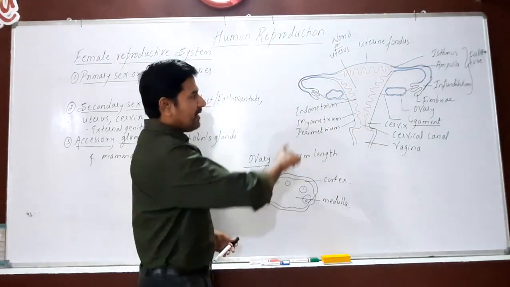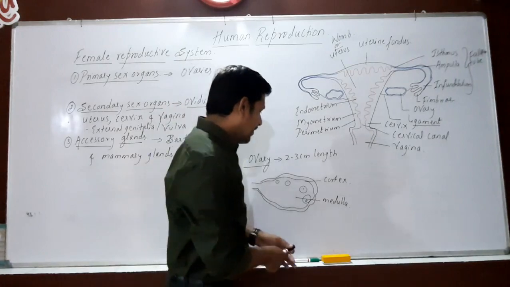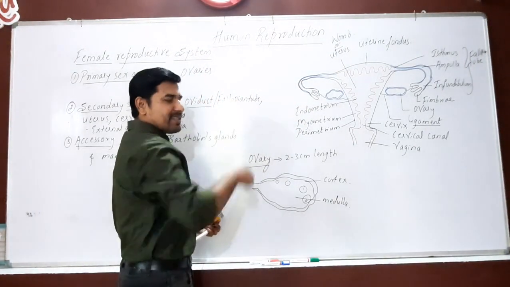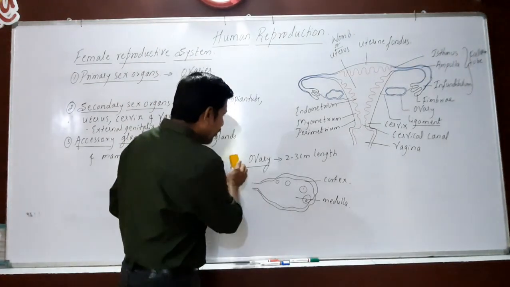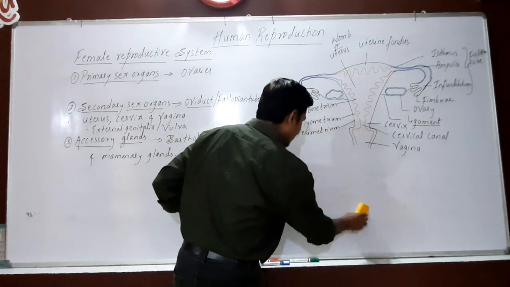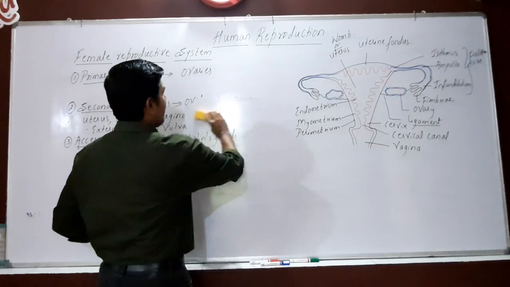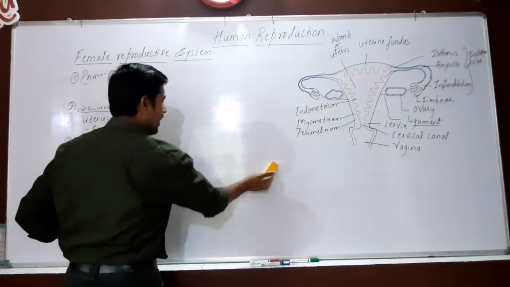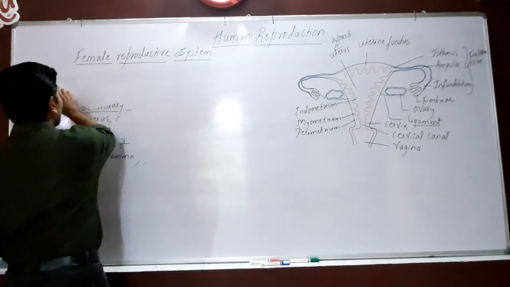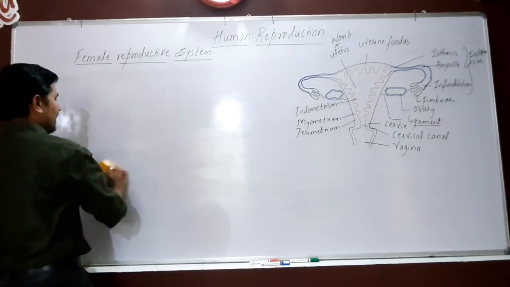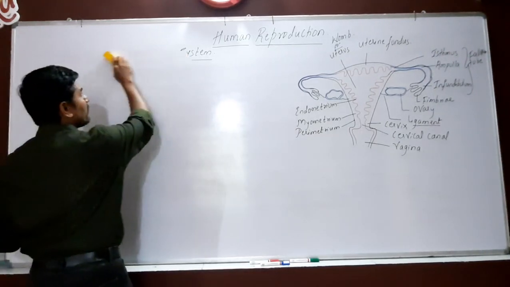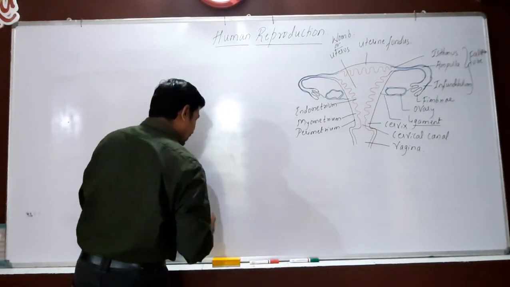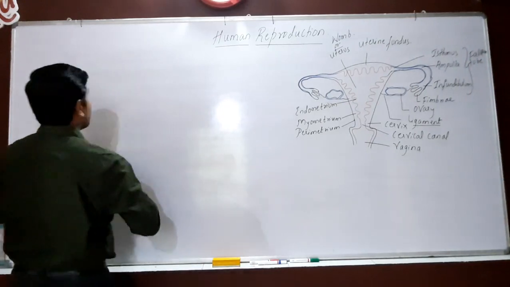After completion of the female reproductive system with all these structures, we'll look at what the female external genitalia consist of, and what are the parts of the female external genitalia. So let's look at these.